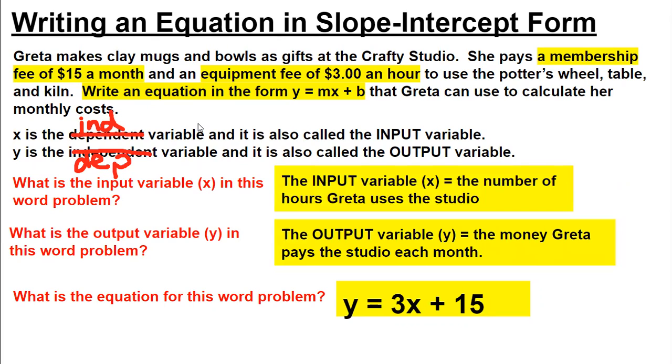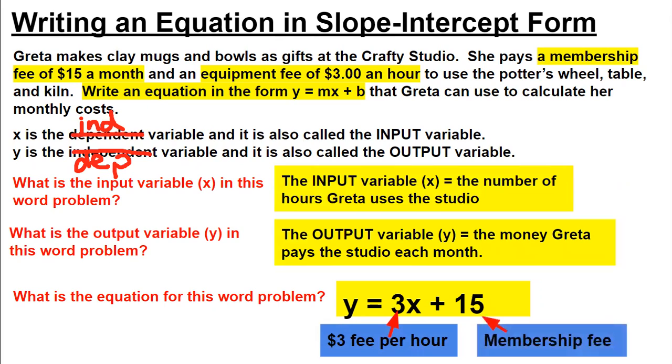So 1 month cost is going to be 3x plus 15. $3 per hour, membership fee of $15. Okay, next one.